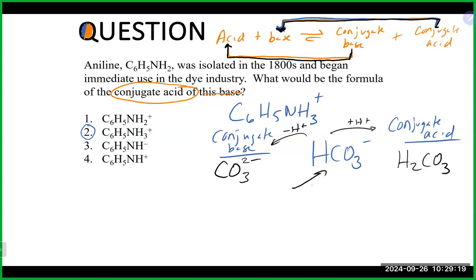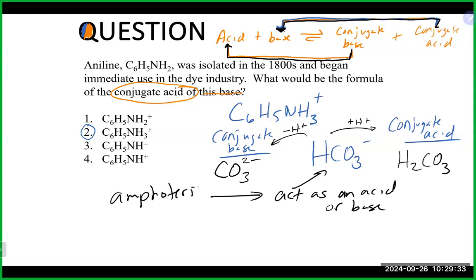This is, as we can see here, something that can act as an acid or base. Things that can act as an acid or base are what are known as amphoteric. A lot of times when you have a substance like bicarbonate or anything like that that has an H and also has a negative sign, a lot of times they could go both ways.